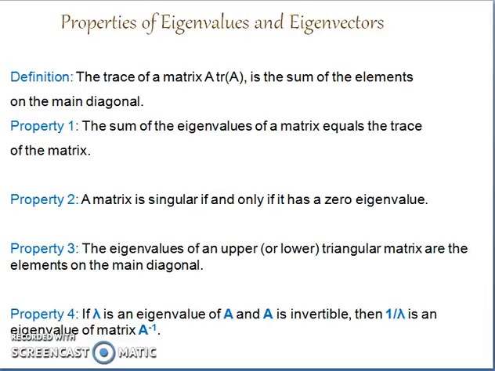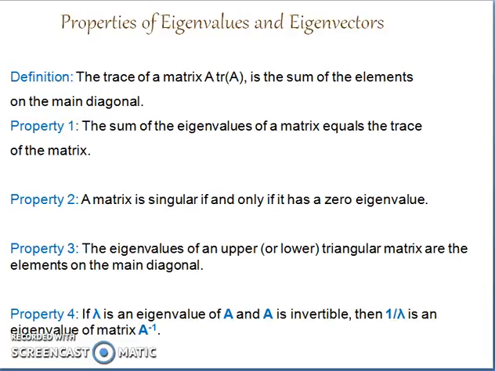The second property: a matrix is singular if and only if it has a zero eigenvalue. And we all know that a singular matrix is a matrix with determinant equal to 0. Property 3: the eigenvalues of an upper triangular or a lower triangular matrix are the elements on the main diagonal.